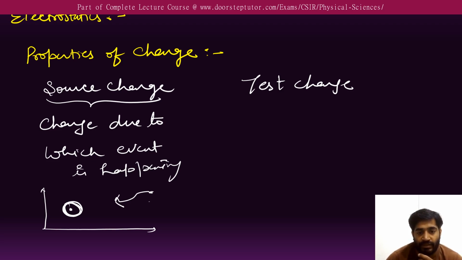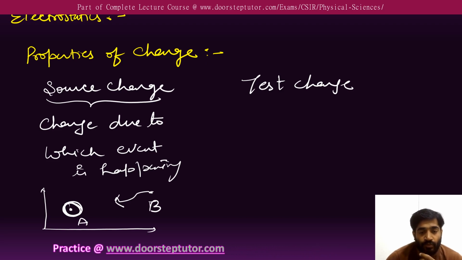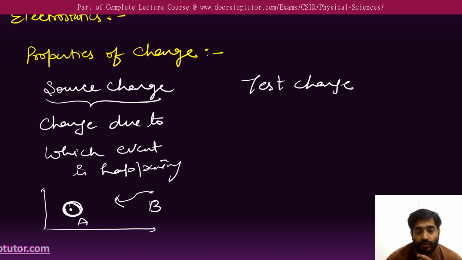Say this is B, and this is A. When B is moving toward A, which is stationary, A is considered the source charge, because A is affecting the electric field, force, and potential on B. And what is B here? The charge B is a test charge.